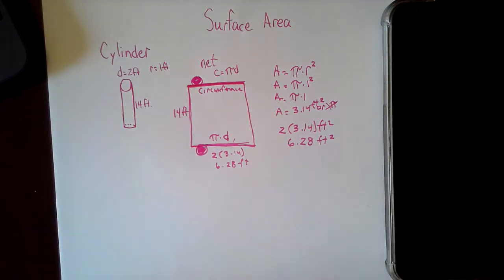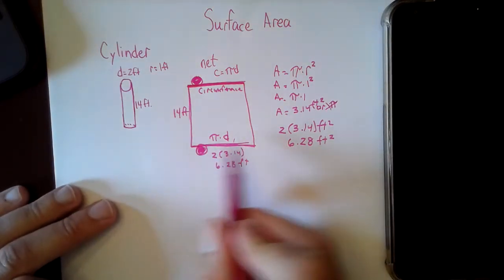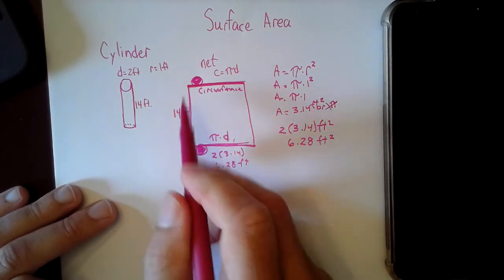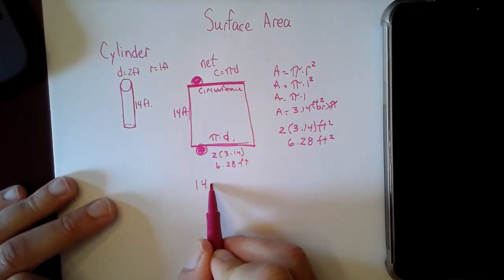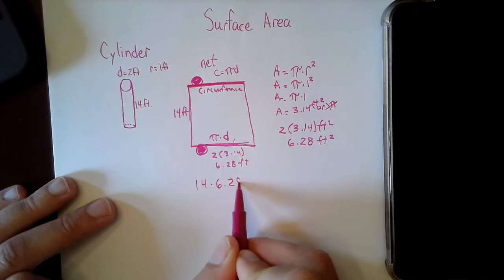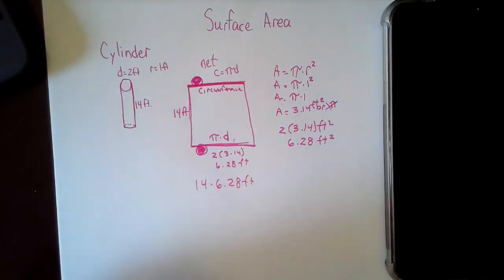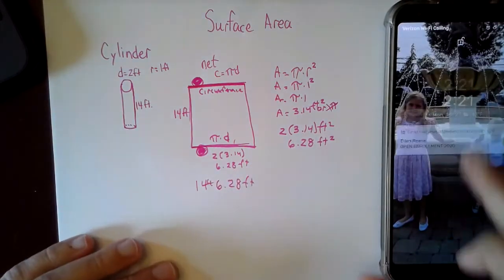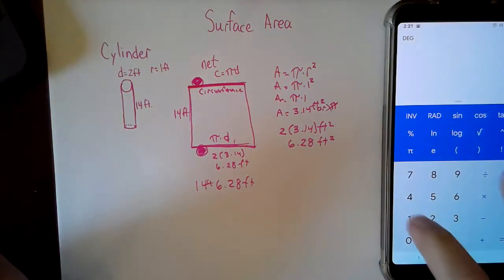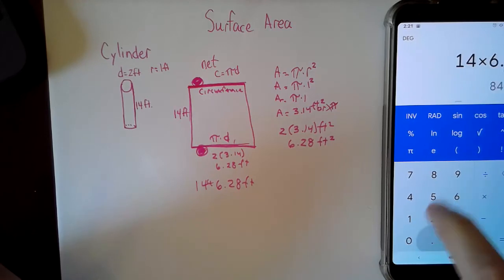So the width of this rectangle is 6.28 feet. The height of it is 14 feet. So I just need to do 14 times 6.28 feet. This is feet as well. Let's do 14 times 6.28.